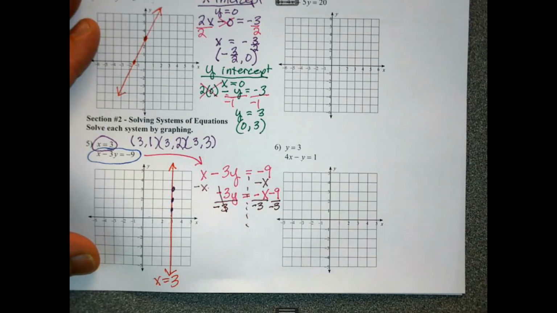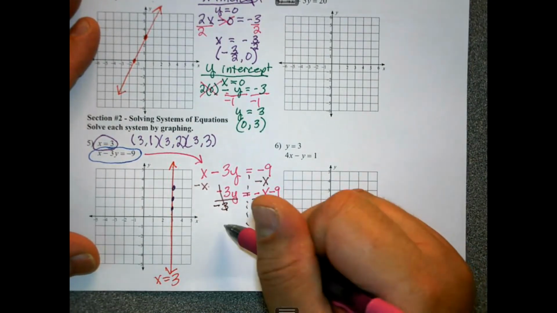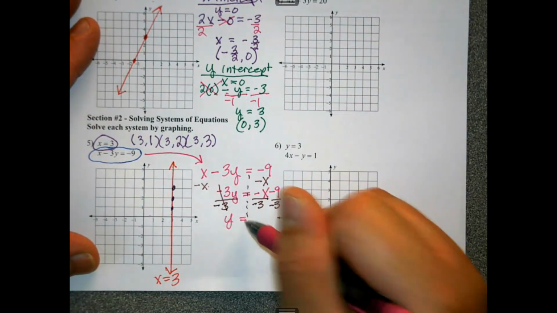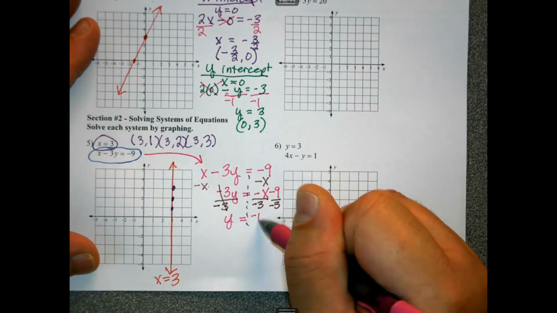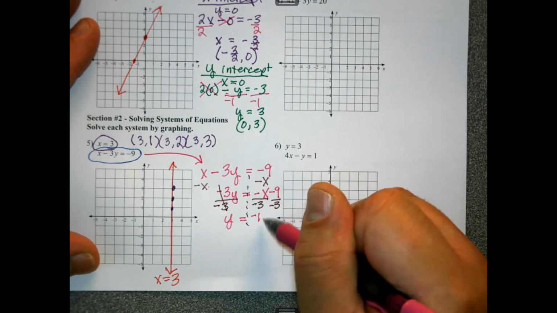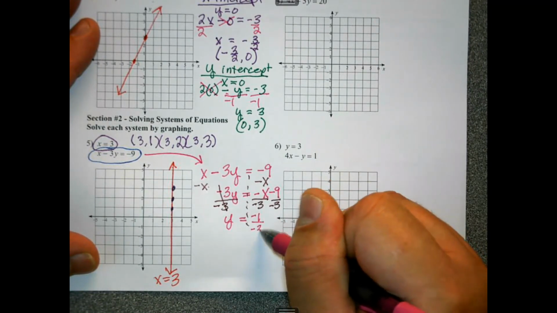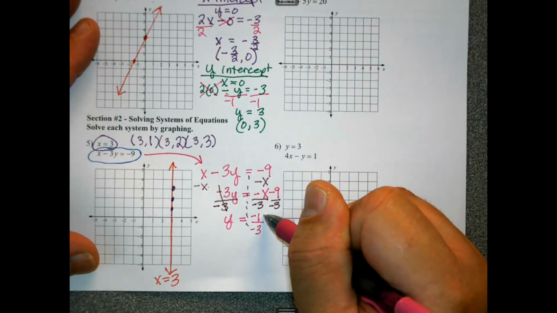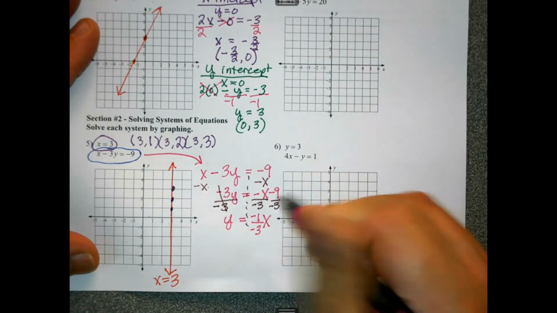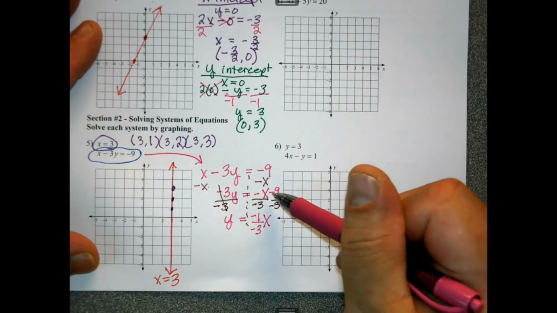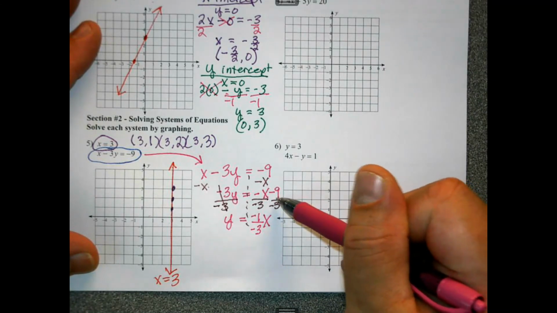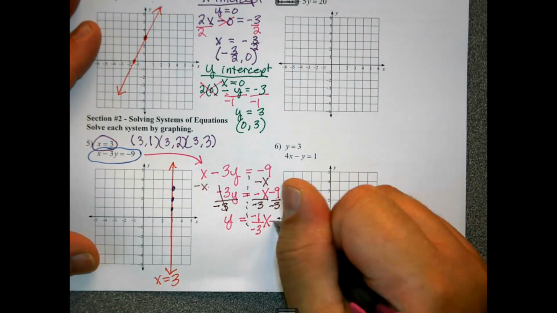So I get y equals negative 1, because there's a 1 there, right? Over negative 3. There's my slope. I'm going to move the x out of there so it doesn't confuse me. Negative 9 divided by negative 3 is going to be a positive 3.